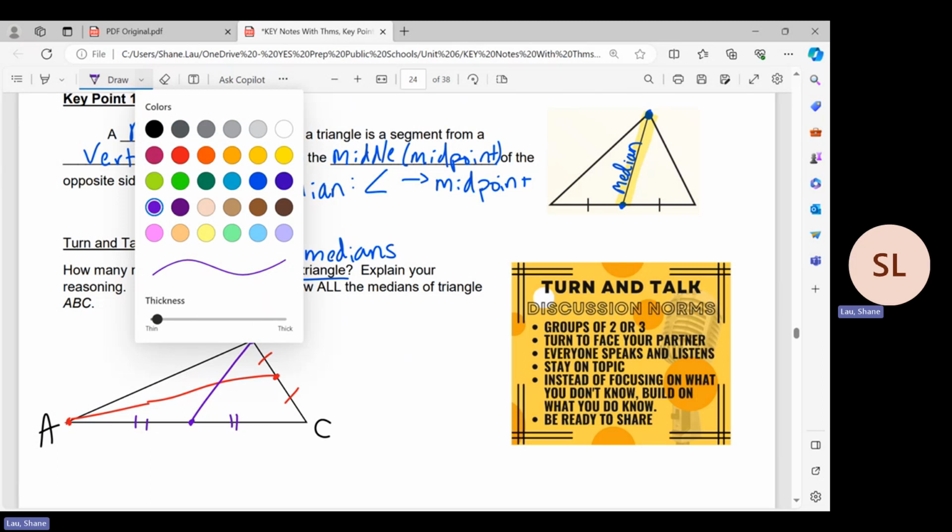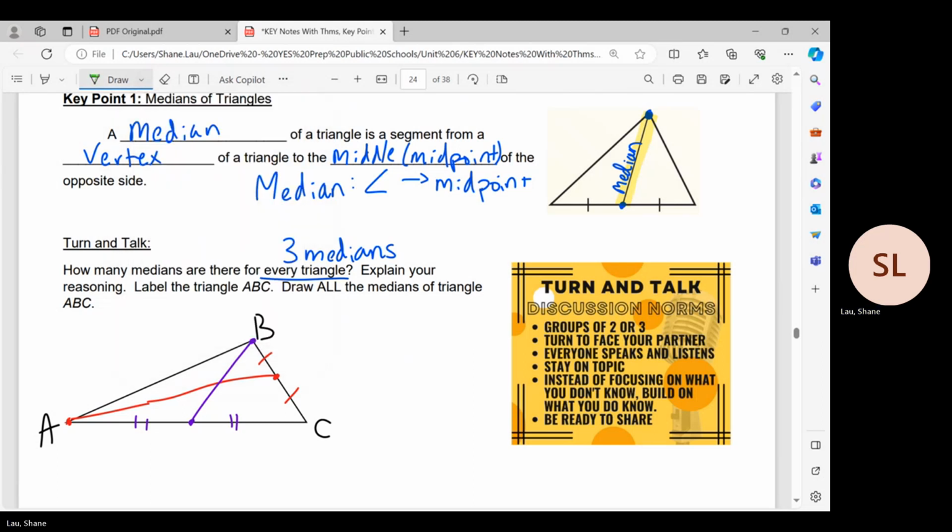Last but not least, that third one, angle C goes to AB as its opposite side. Because that's the opposite side and the point in between A and B is the midpoint, we know that these two are going to be congruent. And so we get this nice looking Skittles triangle here.